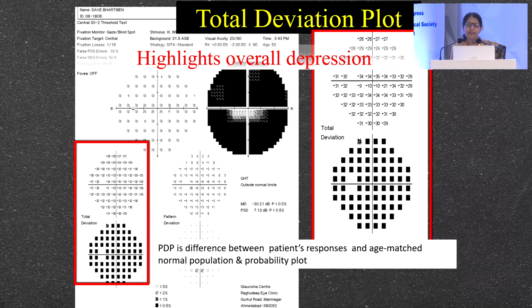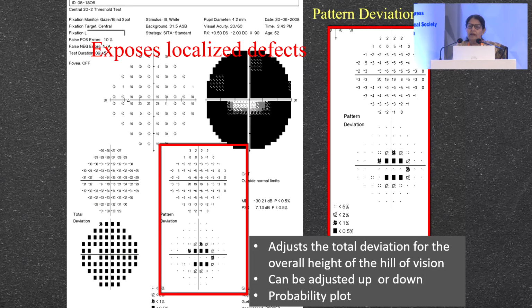The total deviation plot comes in numeric values as well as probability values, and it is the difference between the patient's response and the age-matched normal population. While the pattern deviation plot exposes the localized defect.